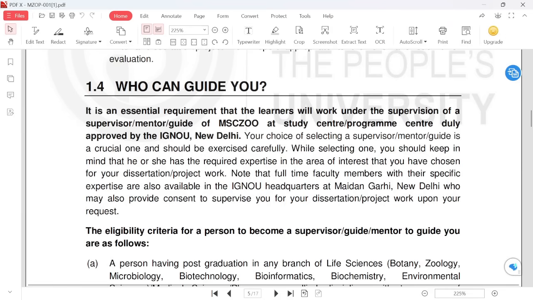So you must understand that there is a particular supervisor, mentor, guide or counselor at your study center who is particularly assigned for supervising you. You have to ask at your study center who is the counselor or mentor for this particular program.